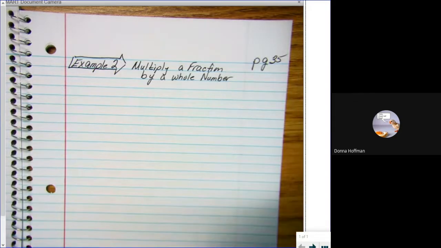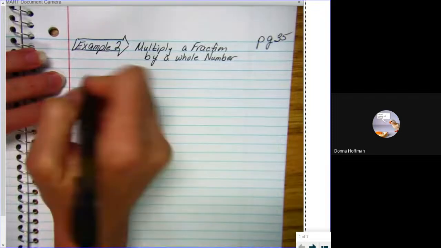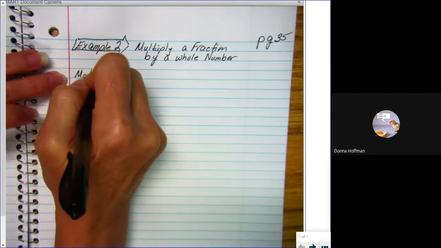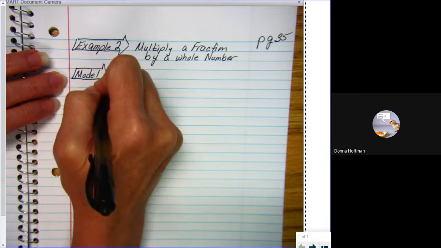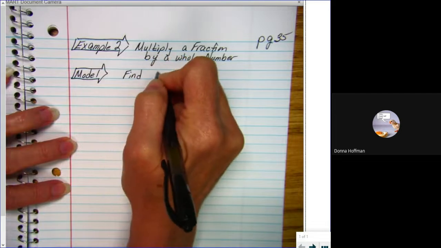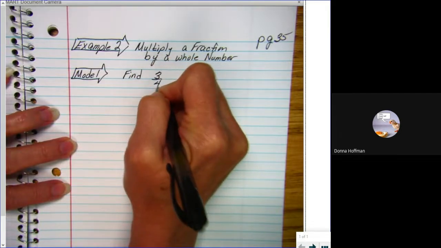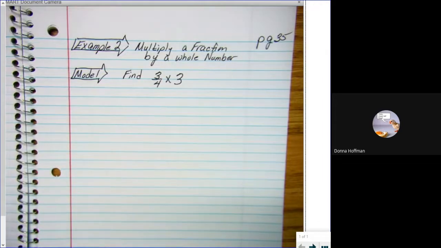Okay, so I'm going to do both modeling and equation using the same problem. I'm finding 3/4 of 3.